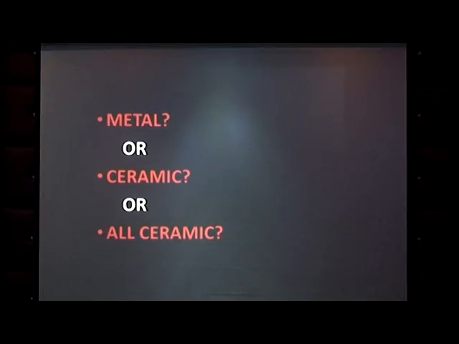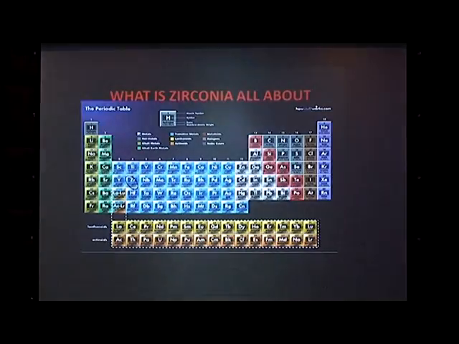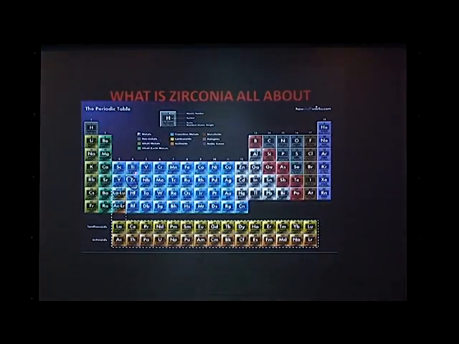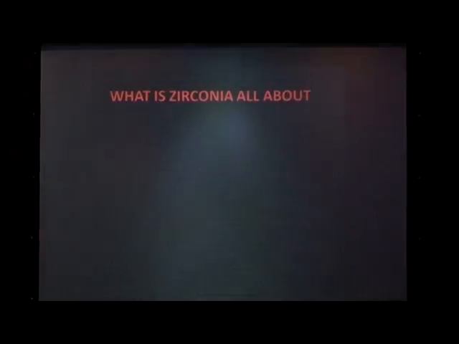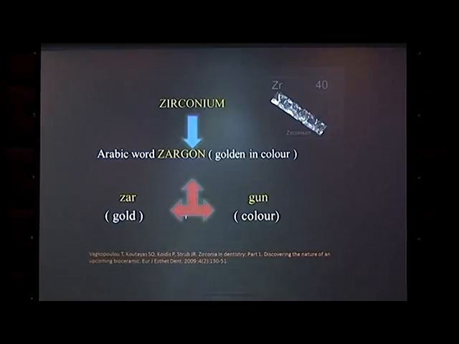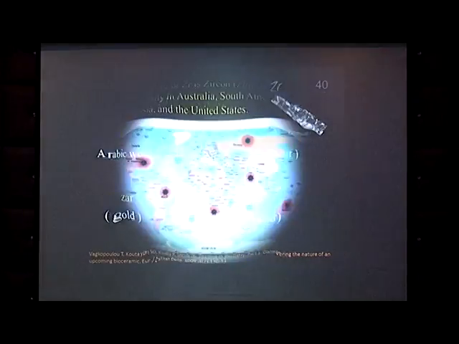But if you look at it in the periodic table, it is right below titanium. It has been derived from the word zargon, an Arabic word meaning golden in color. That is how it appears in nature.